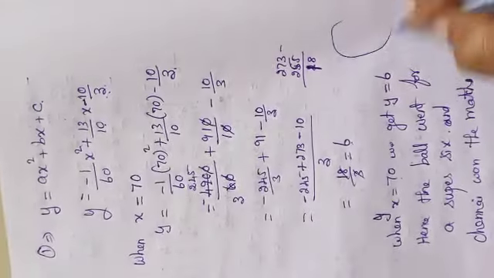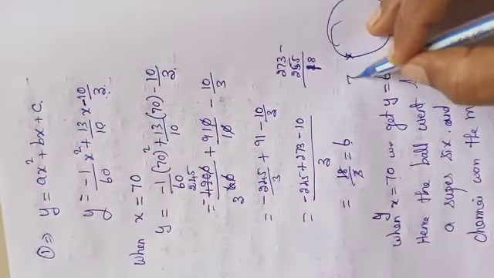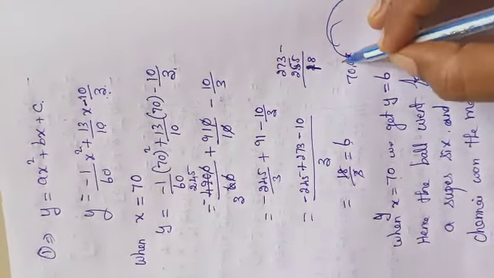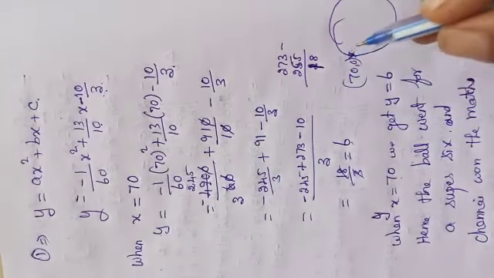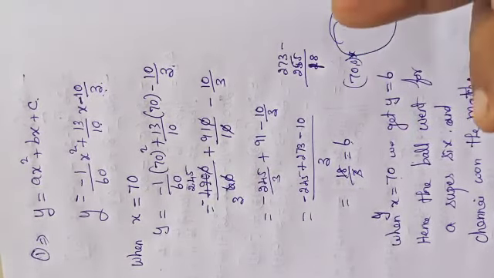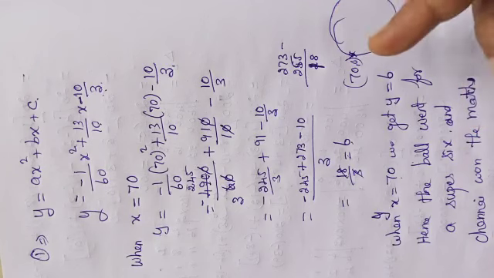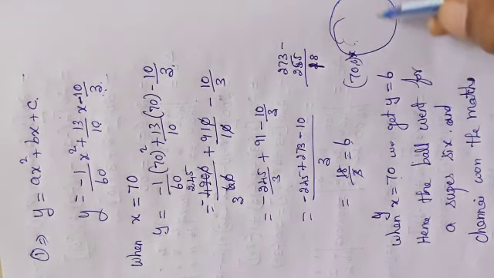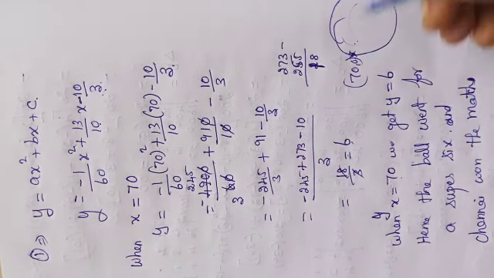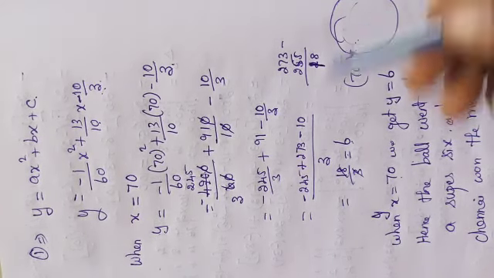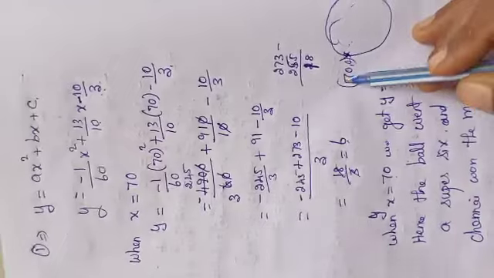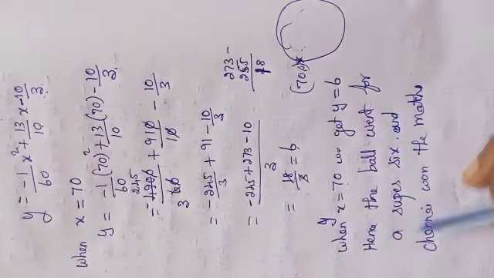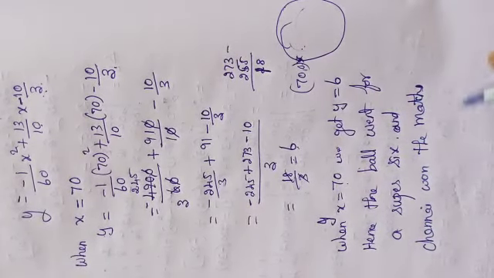So it might have, in this boundary, for example, it is 70 comma 0, isn't it? So the y value is slightly up above 6 meters. So here a man who is standing between this boundary line, he cannot catch the ball. So it might have gone out of the boundary line. Therefore, the ball might have gone for the super 6 and Chennai won the match.